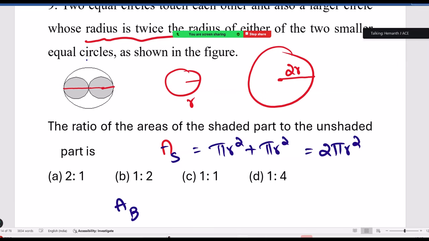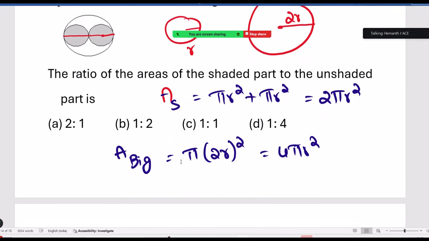Area of the big circle is pi into 2r whole square, which is 4 pi r square. Shaded is 2 pi r square. The big total will be 4 pi r square. Then automatically unshaded is also 2 pi r square only. US means unshaded.